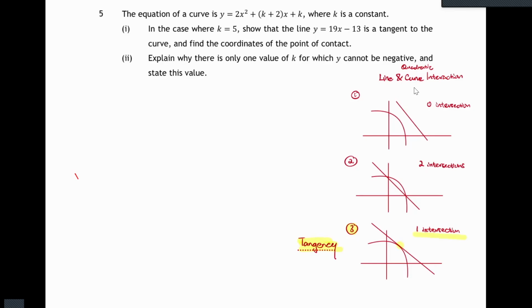We sub k equals 5 inside first. We have y equals 2x squared plus 7x plus 5. Then the question basically wants you to show that y equals 2x squared plus 7x plus 5 only intersects the line y equals 19x minus 13 at one point.